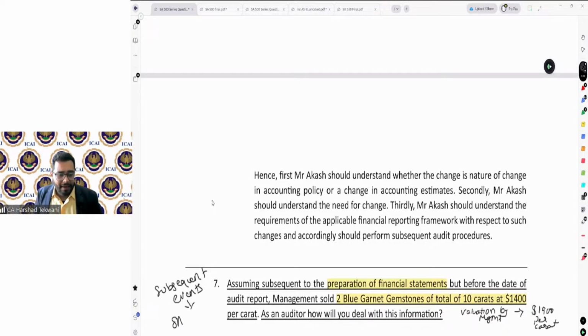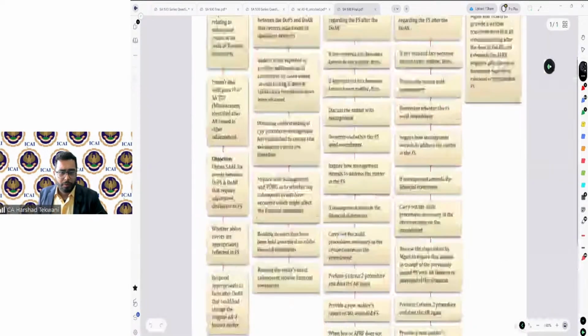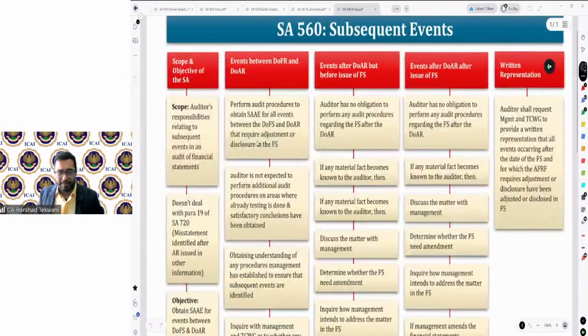And SA 560 guides us on how to look for subsequent events. What does SA 560 talk about basically? If you see SA 560, subsequent events.